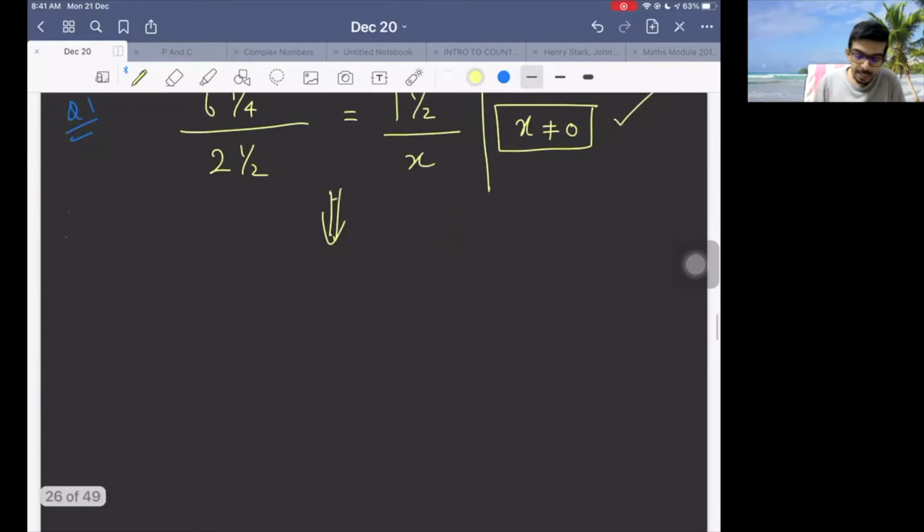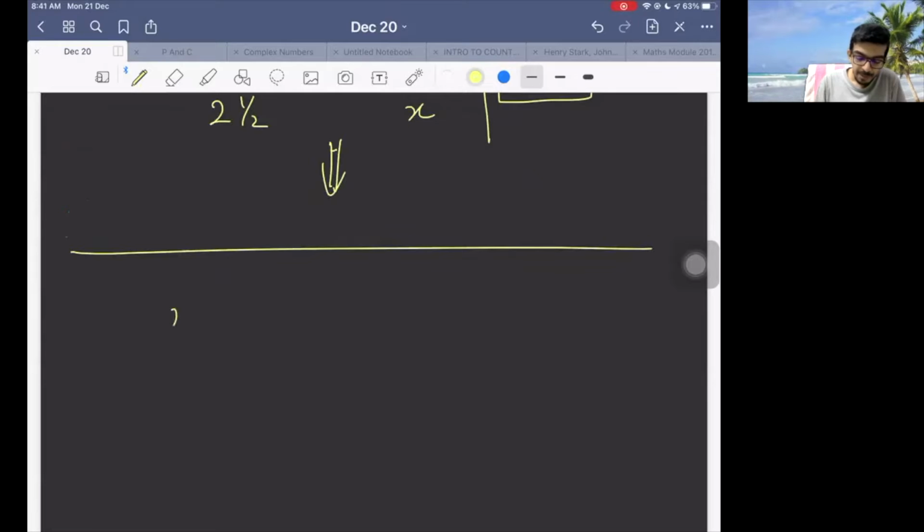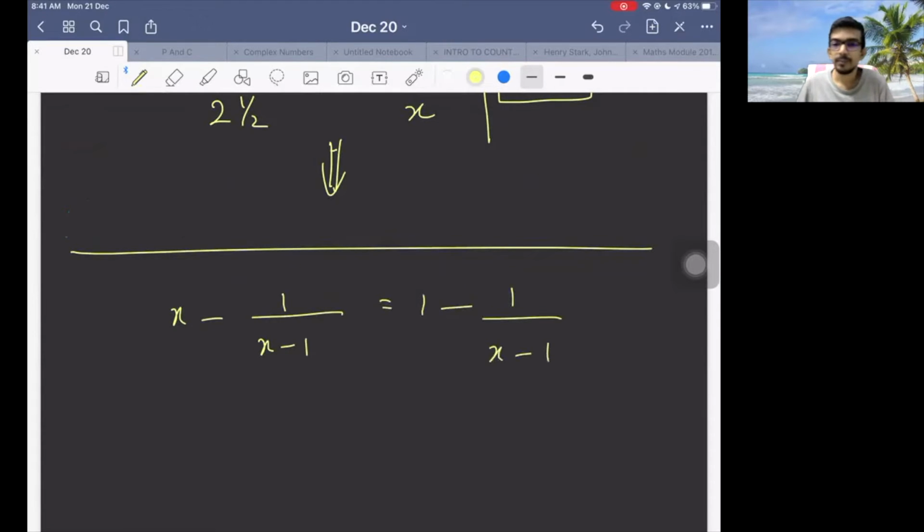That is why I gave the first example. See, we have (x minus 1) by (x minus 1) is equal to 1 minus 1 by (x minus 1). Okay. Now, you might want to cancel this off. But before cancelling, you just write that x cannot be 1. You have to keep this in your mind.